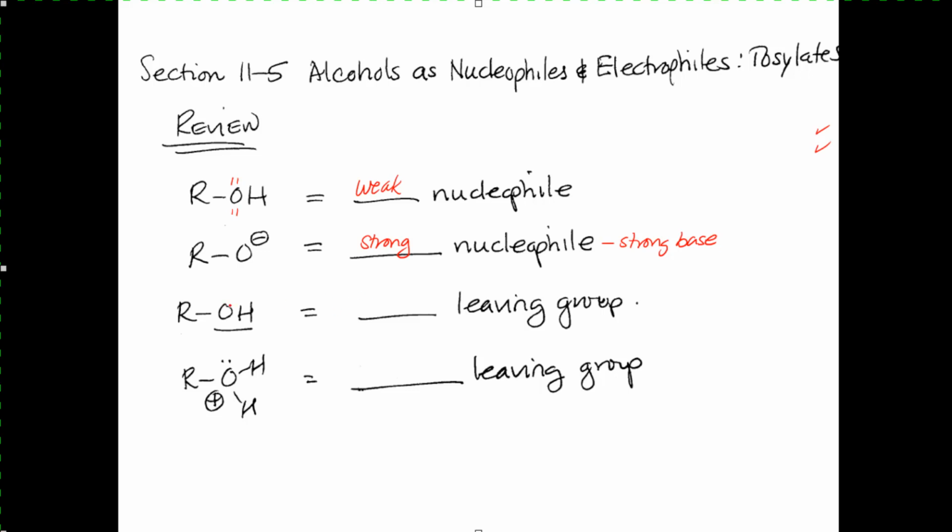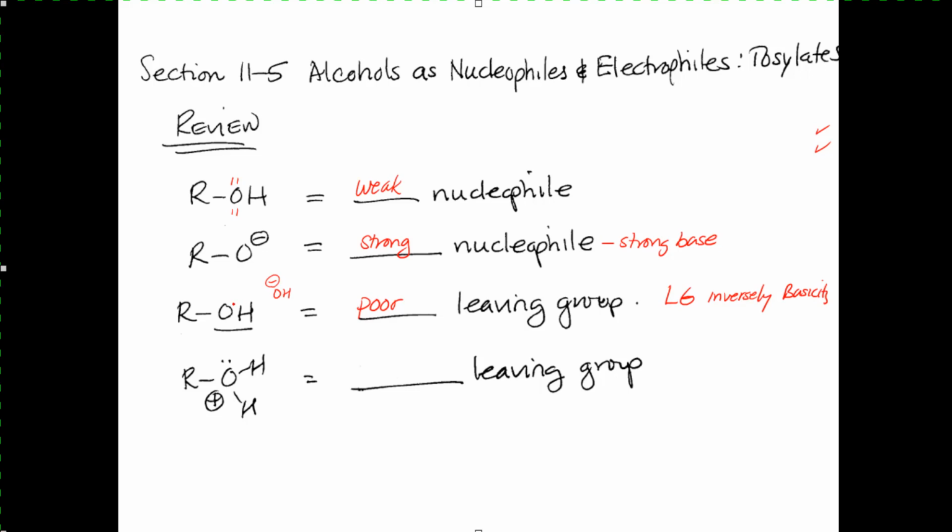Okay, the OH group is a very poor leaving group, right? Why? Because remember, leaving group ability is based inversely on basicity. So this OH group leaving is an OH minus. OH minus is a strong base, makes a poor leaving group.